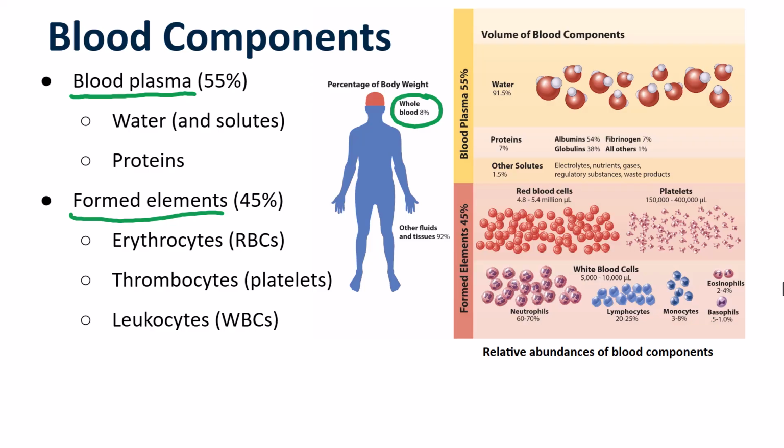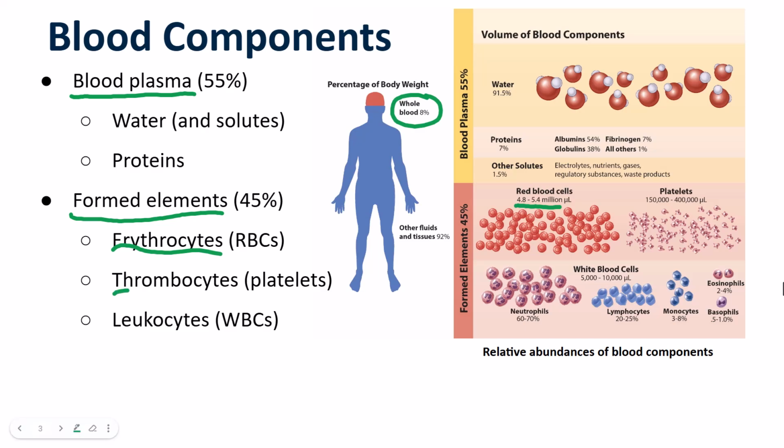The formed elements have three major constituents. There are the erythrocytes, which you may know best as the red blood cells. Erythrocytes are in a concentration of about 4.8 to 5.4 million per microliter of blood, so they are the most abundant formed element.